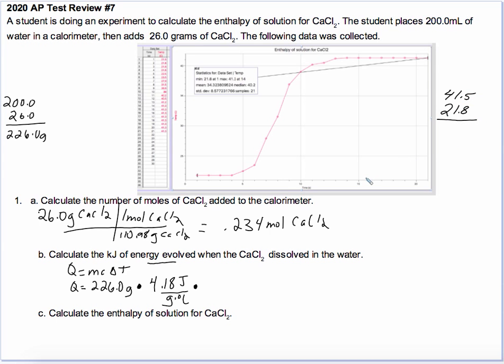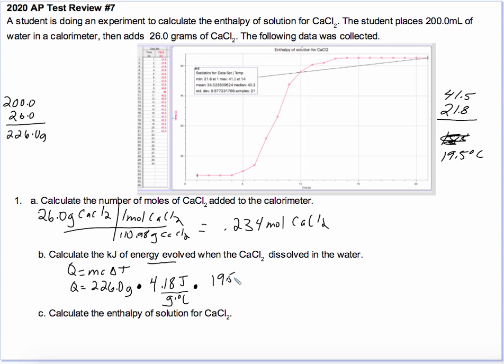And so if you subtract those numbers, it ends up being 19.5 degrees Celsius. Notice that with significant digits, it goes by decimal places. These go to the 10th, so your answer should go to the 10th.